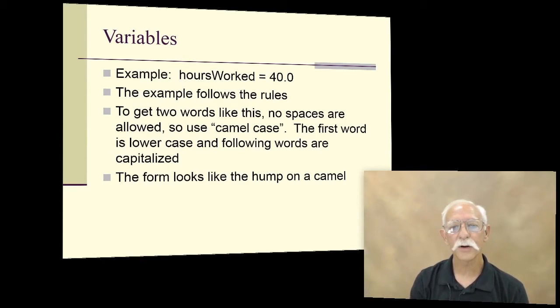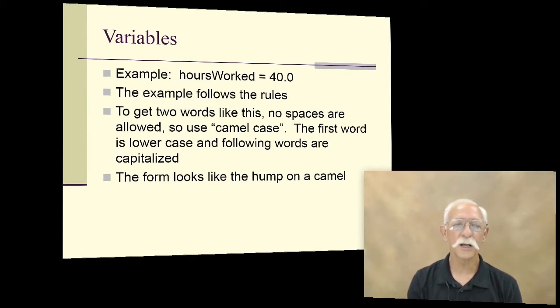Now, you'll notice something. Because we're not allowed to use spaces, we've got a little problem when we put two words together. Sometimes words sort of mix together and you're not too sure what it means. Well, we use something called camel case. I don't know who came up with this word to begin with, but it sort of makes sense. The first word is in lowercase, and then for the following words, the first letter is capitalized.